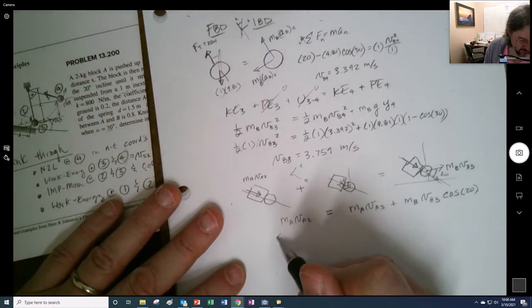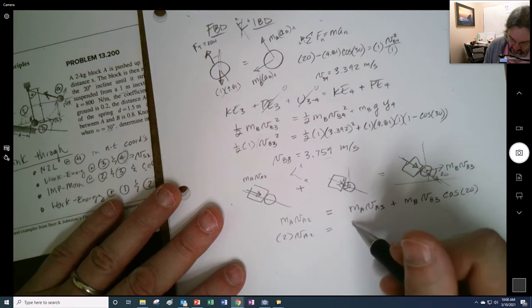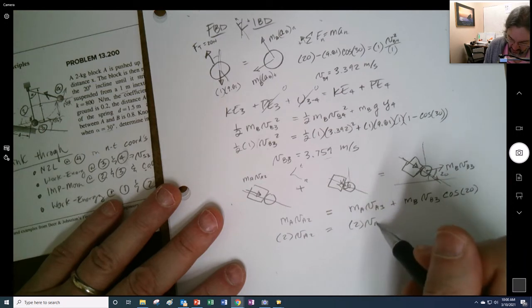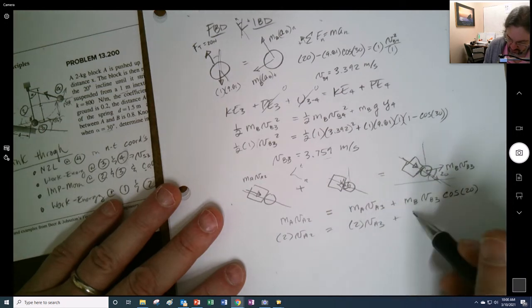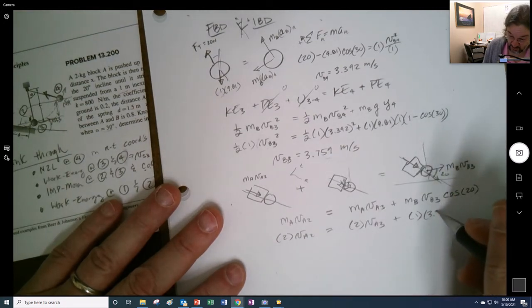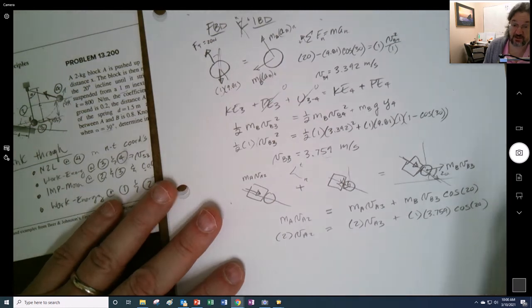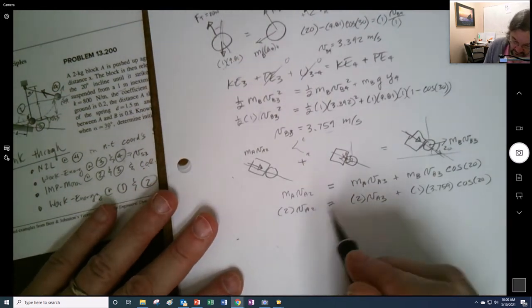So this is 2 VA2 is going to be equal to 2 VA3 plus 1 times our 3.759 times the cosine of 20 degrees right in here.